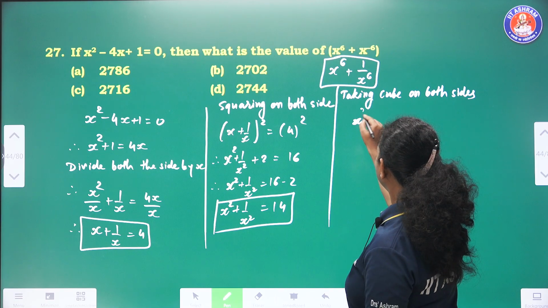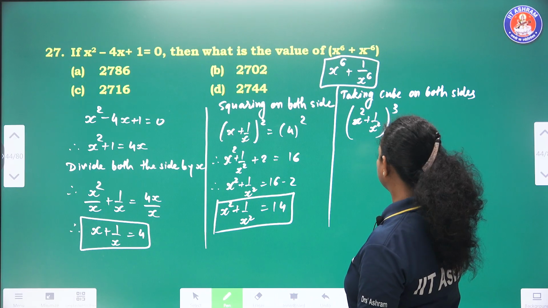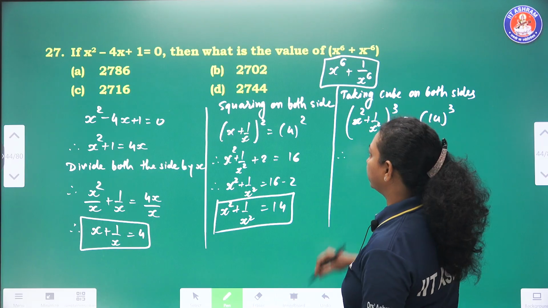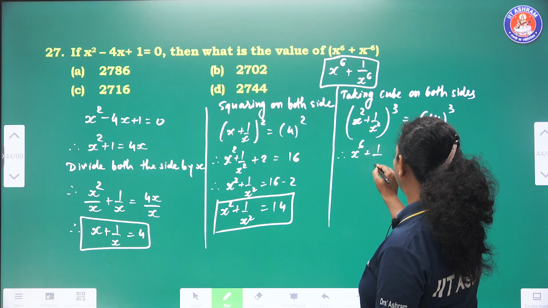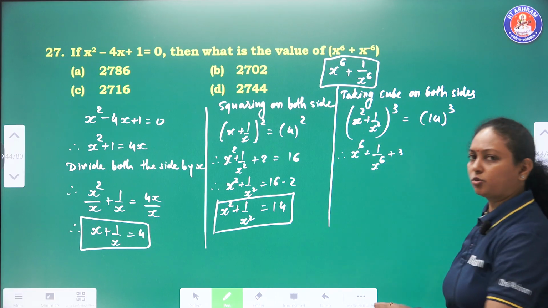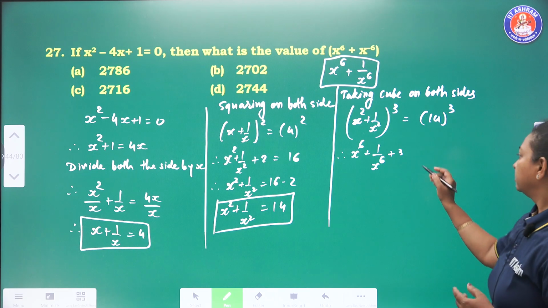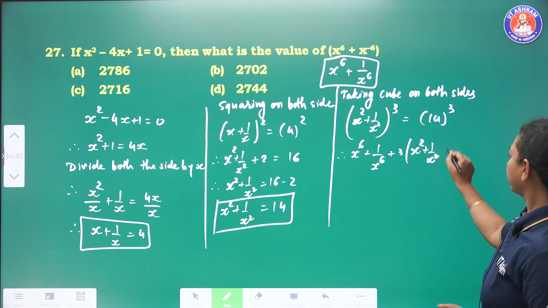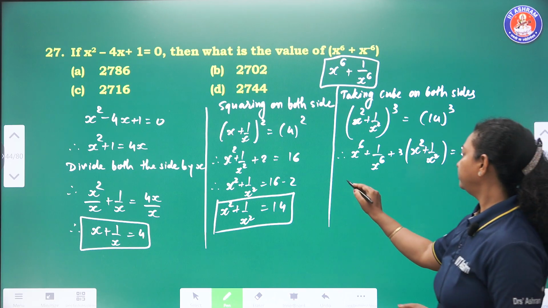So x square plus 1 upon x square whole cube is equal to 14 cube. So it is x to the power 6 plus 1 upon x to the power 6 plus 3 times x square into 1 upon x square. They are multiplicative inverses. Then x square plus 1 upon x square, which is equal to 14. 14 cube is 2744.